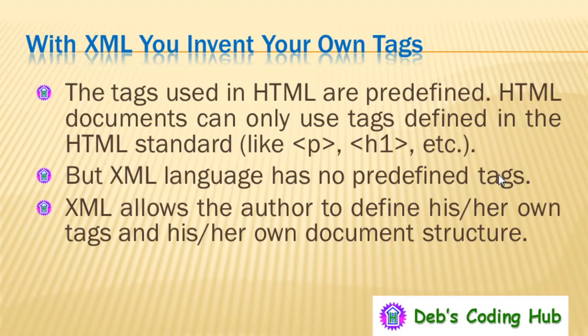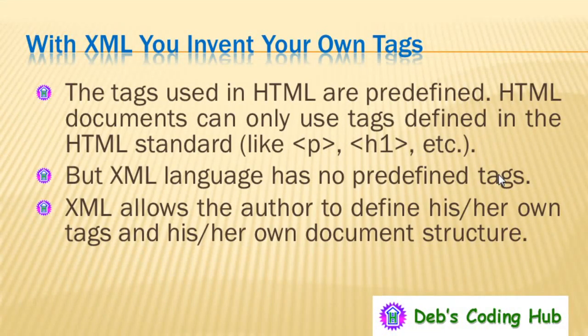Now, one more advantage of XML is that we can invent our own tags. The tags used in HTML are predefined. HTML documents can only use tags defined in the HTML standard, like paragraph, heading 1, body, head, title, and so on.